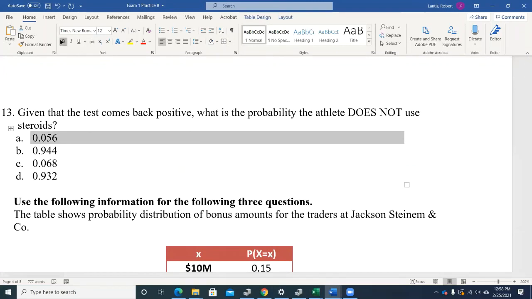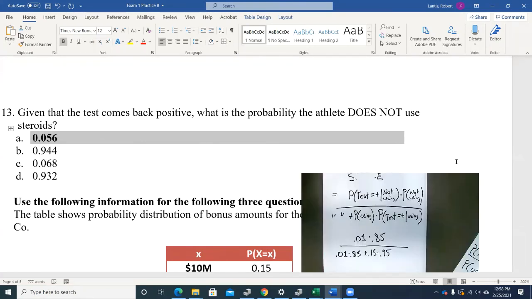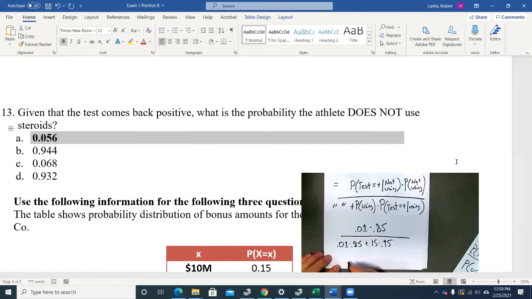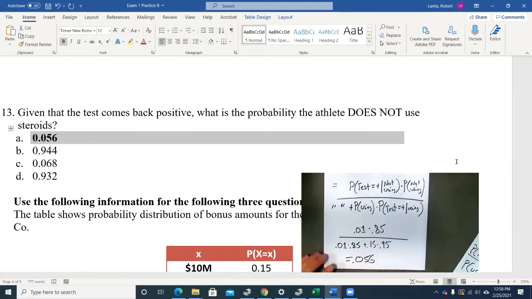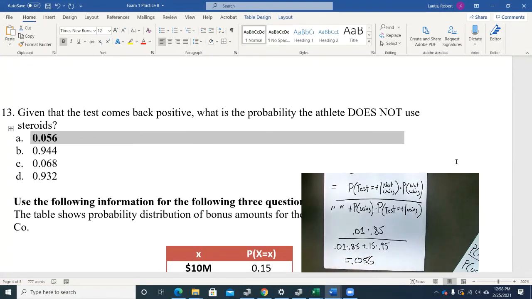If we work out that math and enter that into our calculator, if we compute this, it ends up being 0.056. Any other questions on that one?